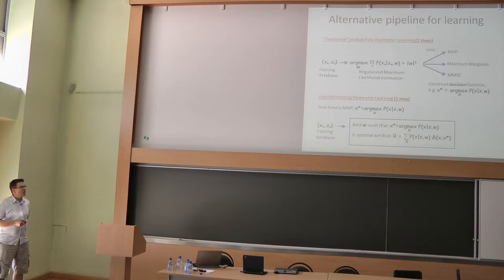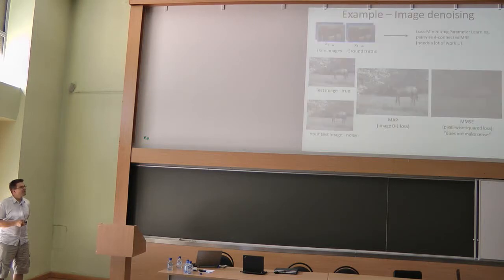So we basically plug the knowledge of the loss function directly into the learning, because we say, under this loss function, minimize the parameters directly. Christoph will go into detail how this is done, but it's interesting.